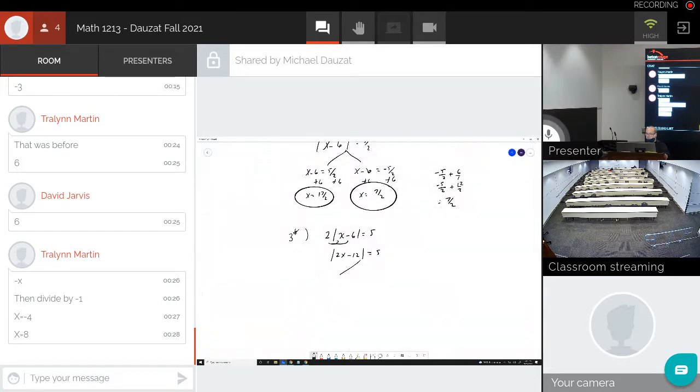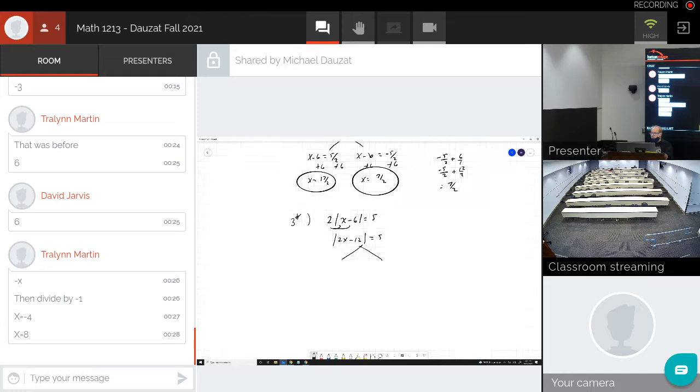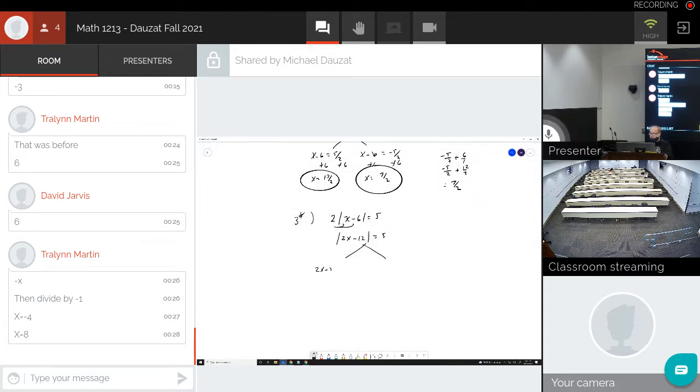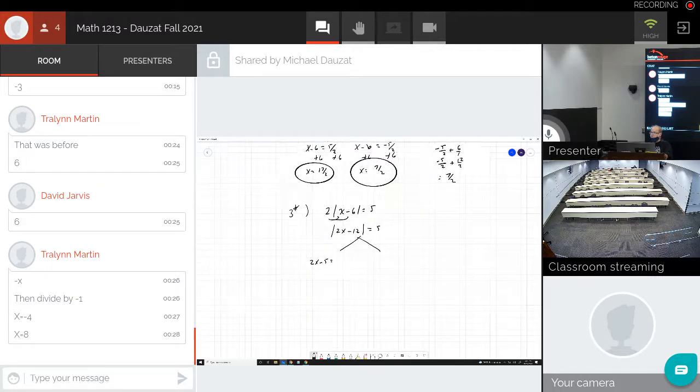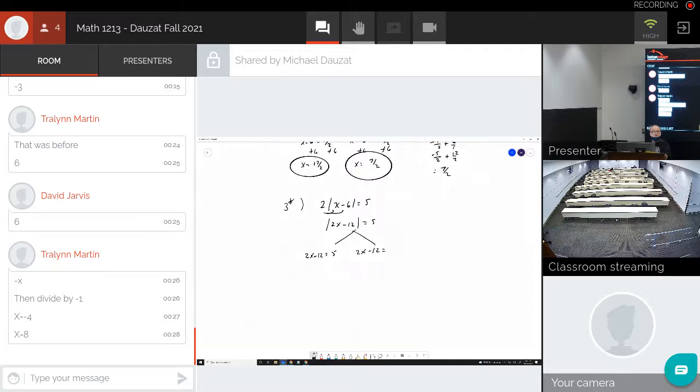Now we split it apart because the absolute value is by itself. 2x minus 12 equals what number? 5, right? And then 2x minus 12 equals what number? Negative 5.